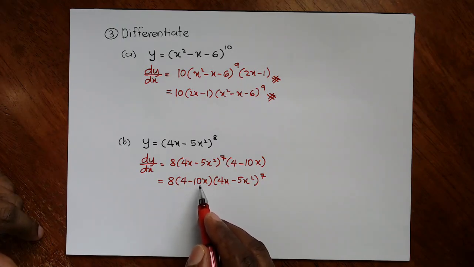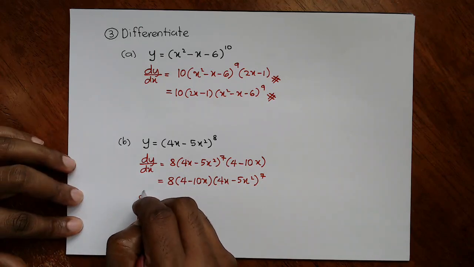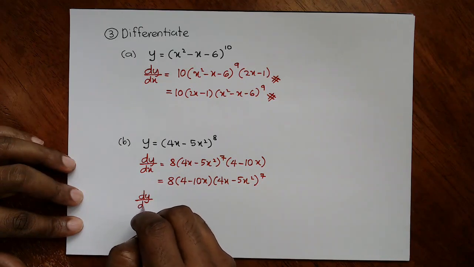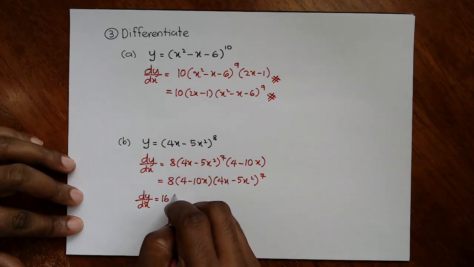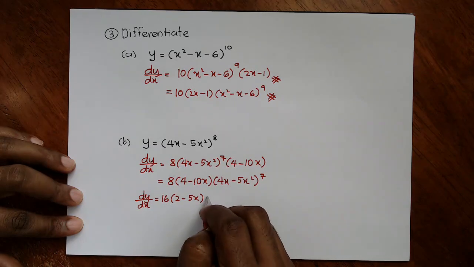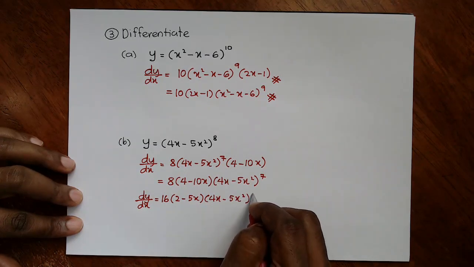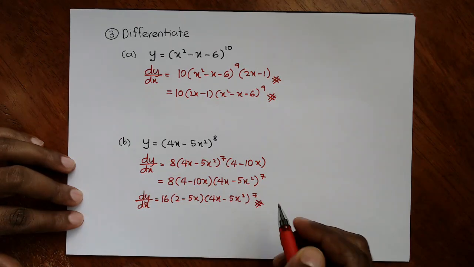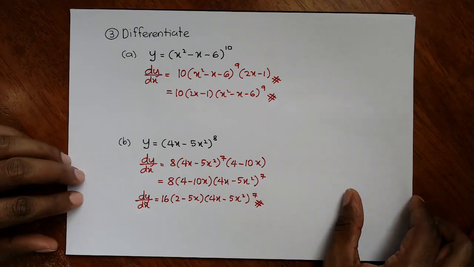So the most beautiful answer for dy/dx will be 16, inside here will be 2 minus 5x, and then (4x minus 5x squared) to the power of 7. That will be the best answer for the differentiation of this. Amazing, right? Let's look at more examples.